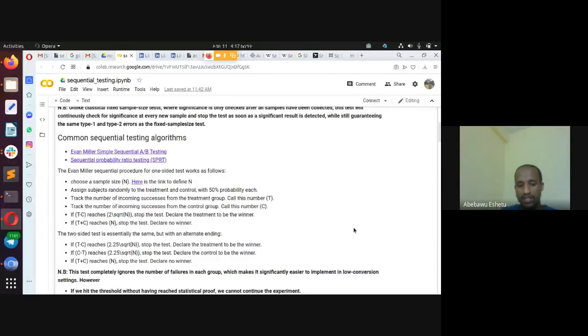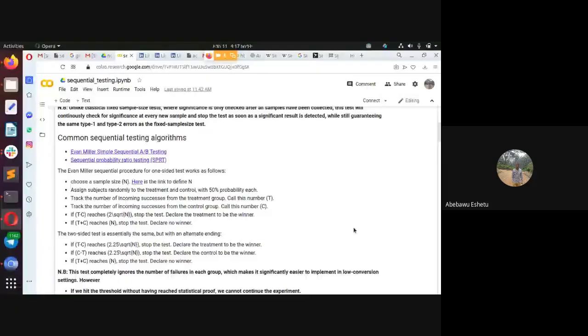Then the stopping rule is very simple in this scenario. We just get the difference between the success values we collected from the treatment group and control group, and apply 2 over square root of the sample size we defined. If this difference reaches or exceeds this 2 over square root of n, we just declare that the exposed is the winner hypothesis.